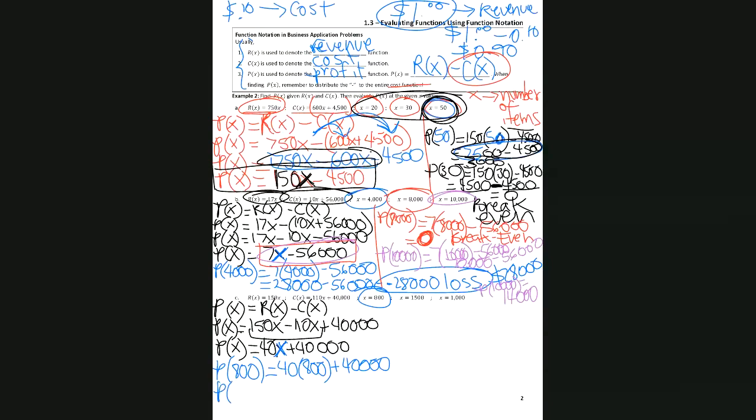So the profit for 800 items, it will be a total of negative 8,000. And that's just the final answer. So you could see here, the profit is negative, so we have a loss of $8,000.